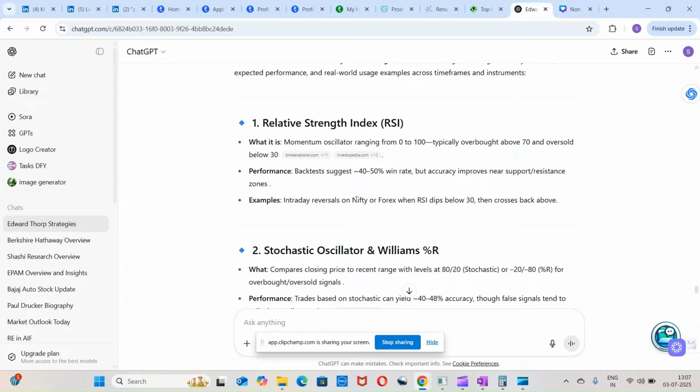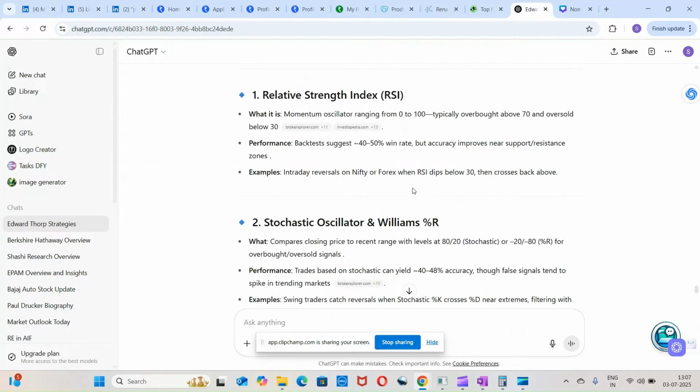An example is intraday on Nifty and Forex: when RSI dips below 30 and then crosses back above, it bounces back from there. That's the example, and it's a leading indicator.